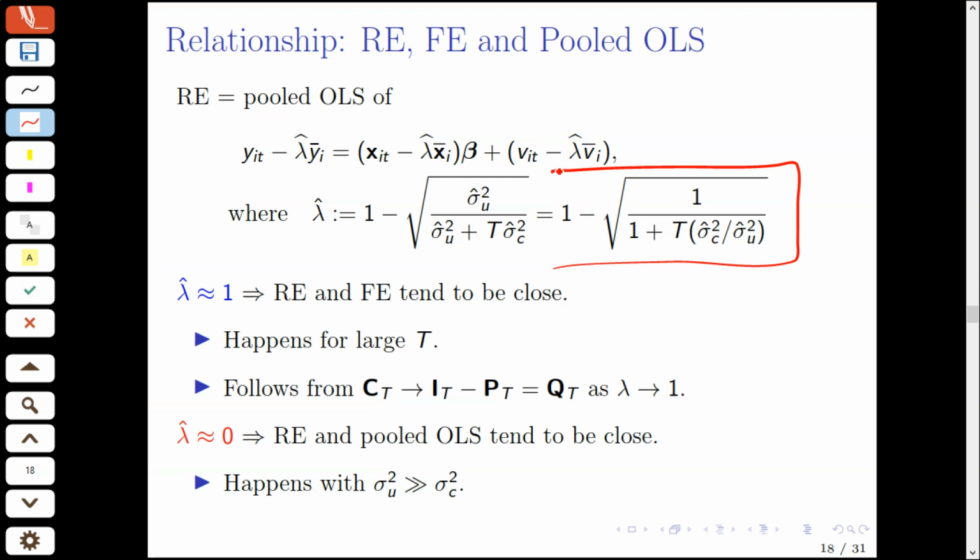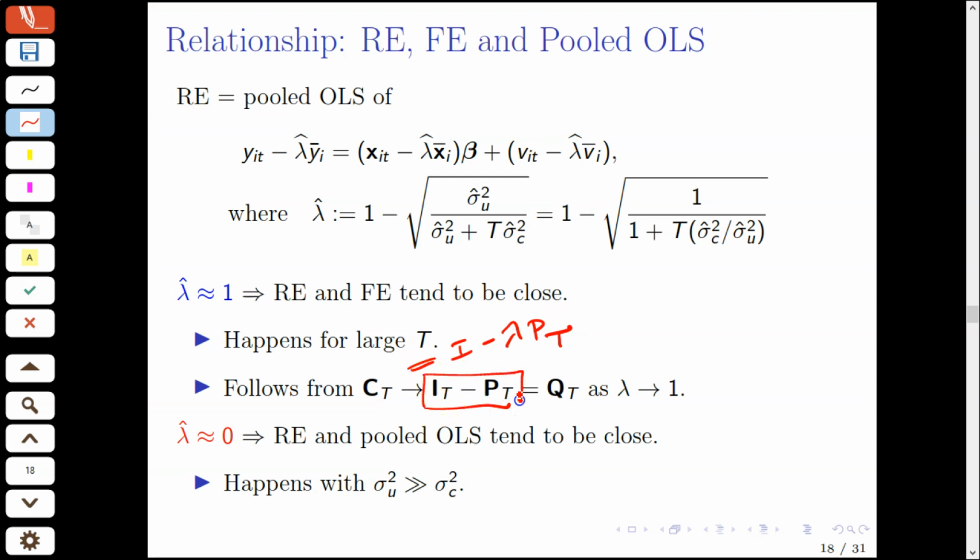So the case of lambda or lambda hat being close to 1 is expected to happen for large T, that is, for relatively long panels. You may also see it from our definition of CT as the identity minus lambda PT, such that when lambda approaches 1, CT approaches the identity minus PT.